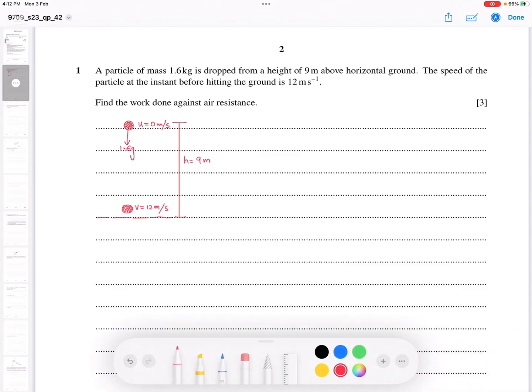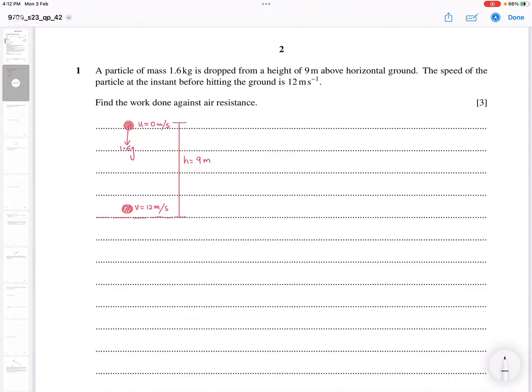So we will use this formula, and let me write it in wording first.